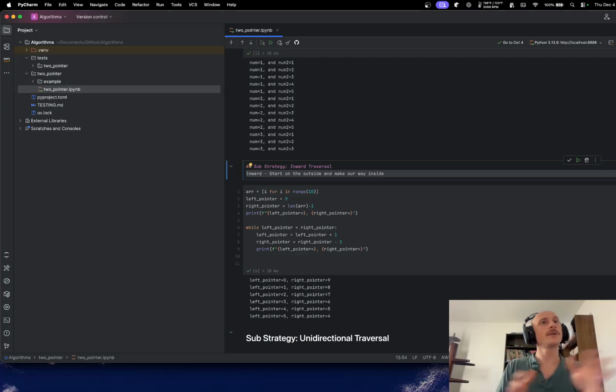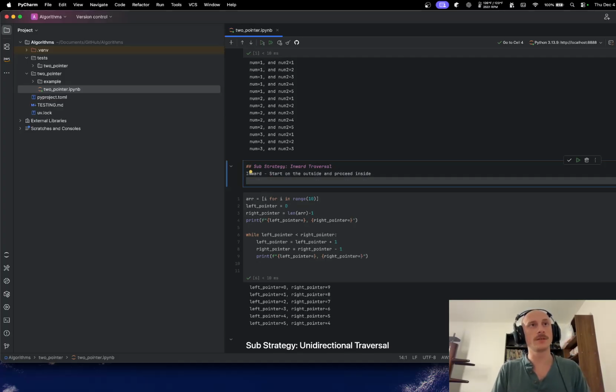Start on the outside, make our way to the inside and proceed inside. Let's make this even more concise: proceed inside.